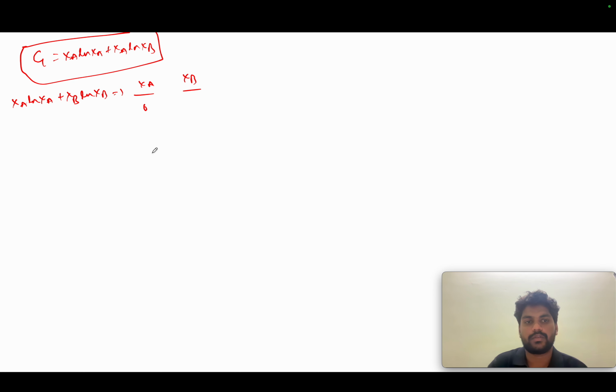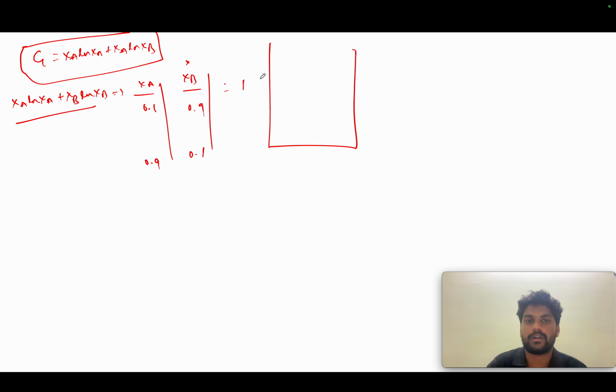If you take from 0.1 to 0.9 and 0.9 to 0.1, don't take 0, because the total should be equal to 1. Now plot the graph of this value versus either this or this. You will find the graph like this. So this is from 0, this is 1.